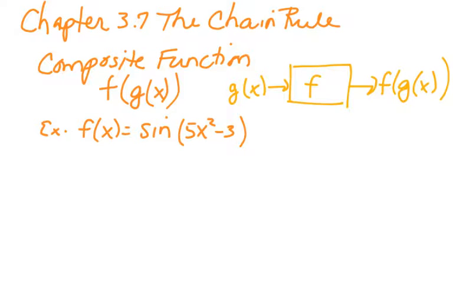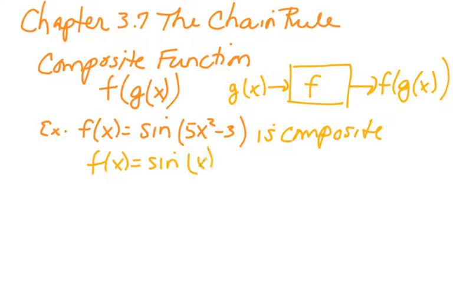So, for example, the function f of x equals sine of 5x squared minus 3 is a composite. And here, the outer function, if you will, is sine of x. So that's your outer function.